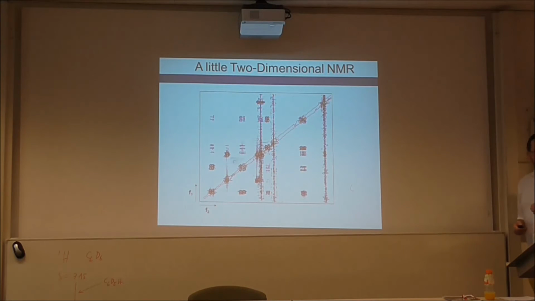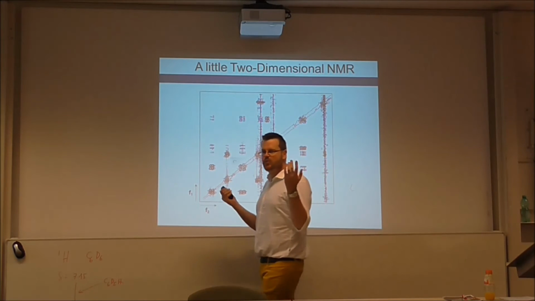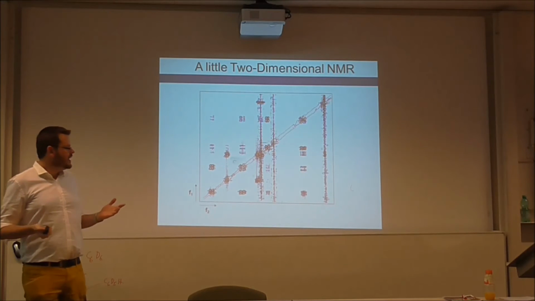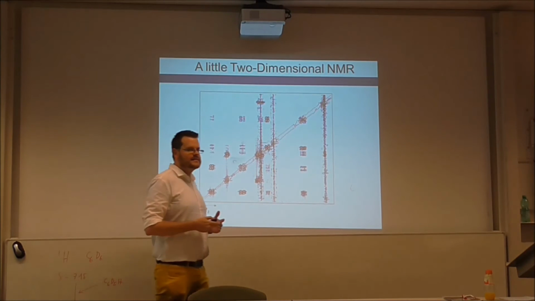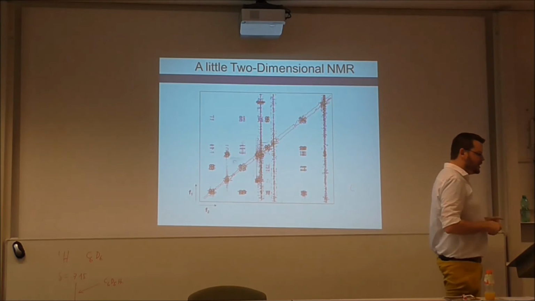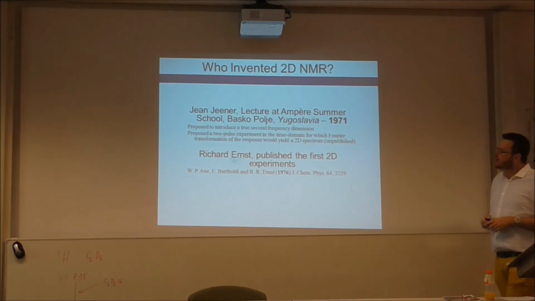Now, what is a 2-dimensional NMR spectrum? Well, a 1-dimensional NMR spectrum is a spectrum that has one frequency domain, which we get from a free induction decay signal which has undergone a Fourier transform. A 2-dimensional NMR spectrum is simply a spectrum that has 2 frequency domains. Very simple.